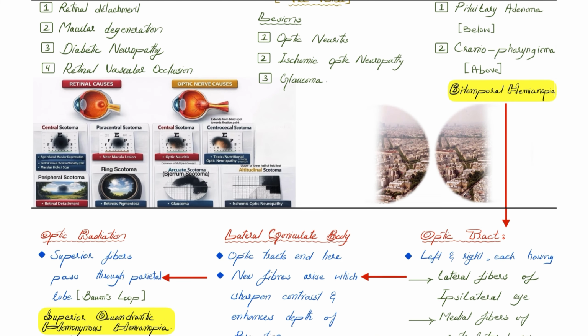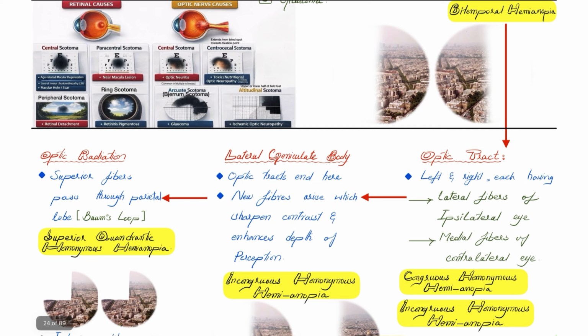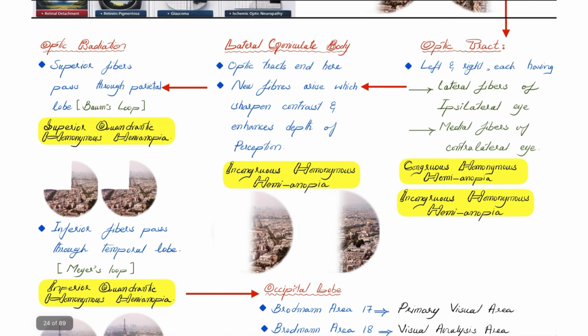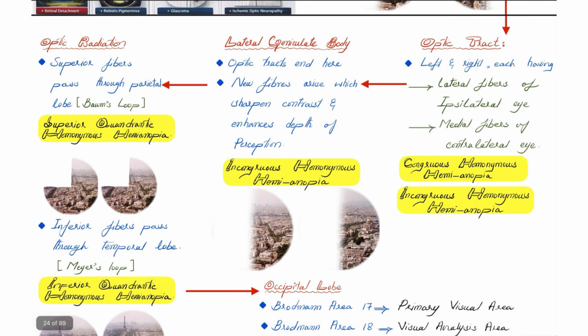So continuation of the optic nerve after optic chiasm is called optic tract, and there are left and right optic tracts. Now, each optic tract has lateral fibers of the ipsilateral eye, meaning same eye, and medial fibers of the contralateral eye, meaning opposite eye. Trauma to the optic tract leads to either congruous homonymous hemianopia or incongruous homonymous hemianopia.